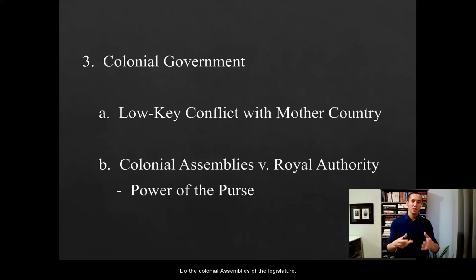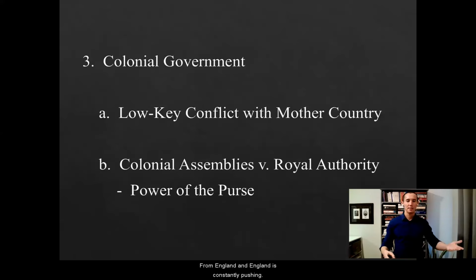So the colonial assemblies or the legislatures, all 13 of the colonies had one, and that was a government that was represented by that colony. And so, as you would expect, the colonists were always pushing for more independence from England, and England is constantly pushing for more control over the colonies. But these are all low-key conflicts.